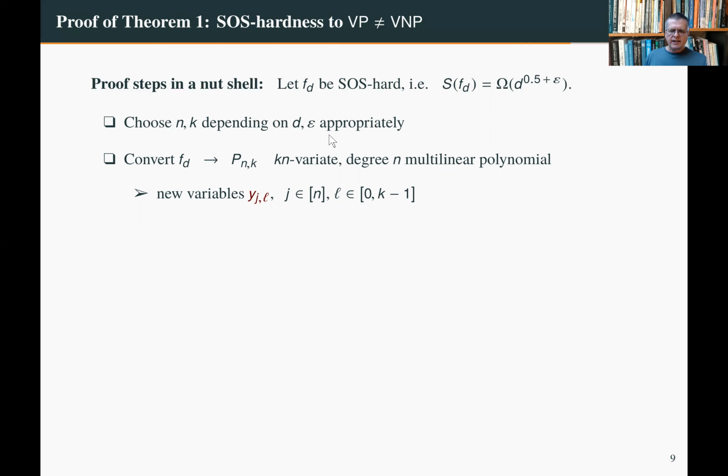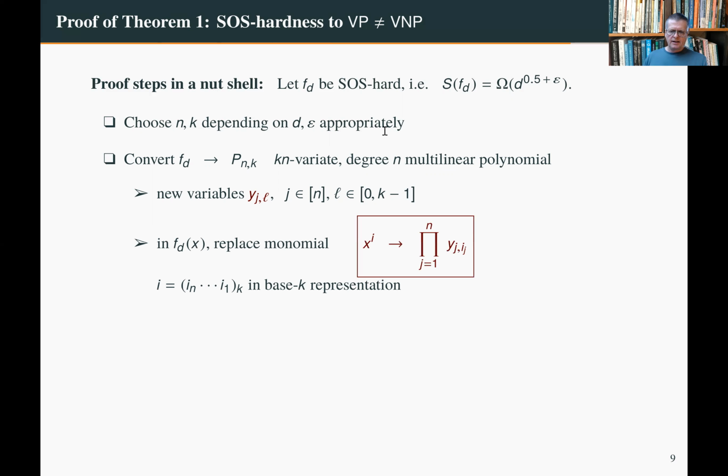And this is a variant, you can say, of the Kronecker substitution. So what we do is we introduce new variables, and then we replace the monomial x^i in f_d by a product of the y variables.